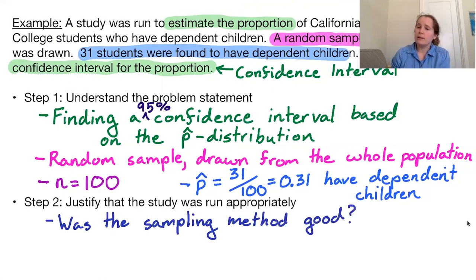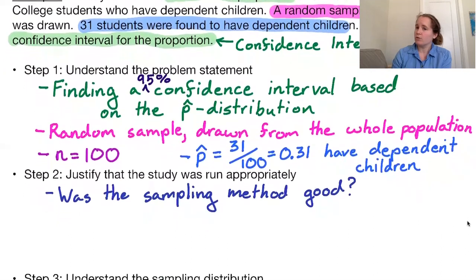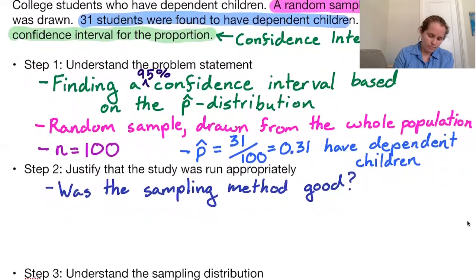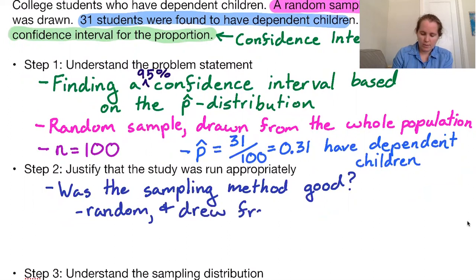That's the first thing we need to check. We do have that it was random and drew from the entire population. So we meet that condition.